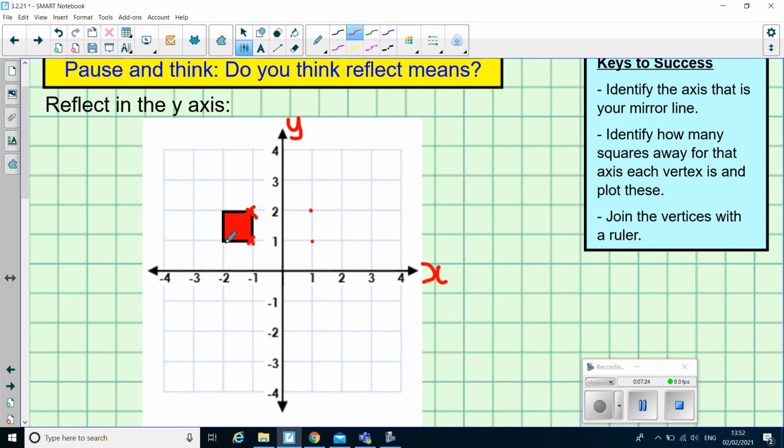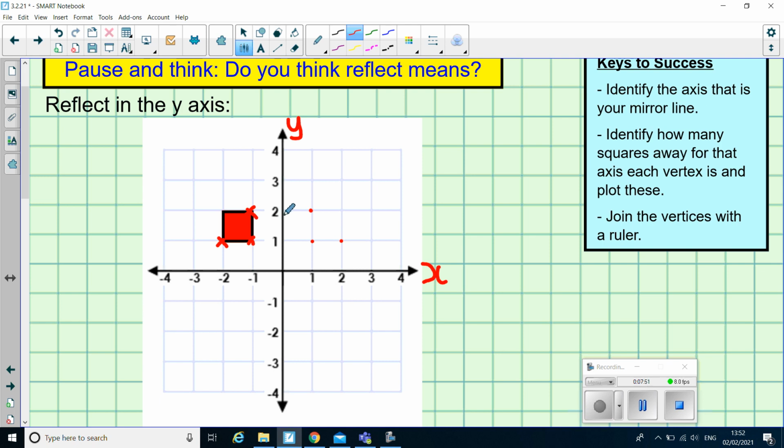Okay, next I'm going to take this one. Now this corner is 2 squares away from the y-axis. So in the reflection, it must be 2 squares away. 1, 2. So it must be there. Put a little cross on that one because I've done it. Next I'm going to take this corner and it's 2 squares away from the y-axis. 1, 2.